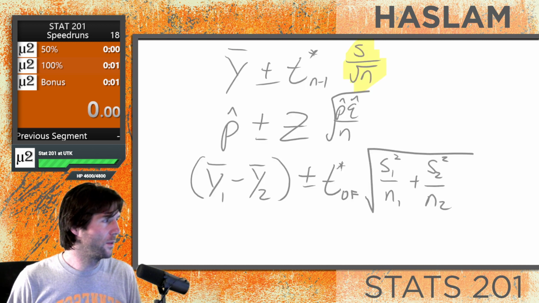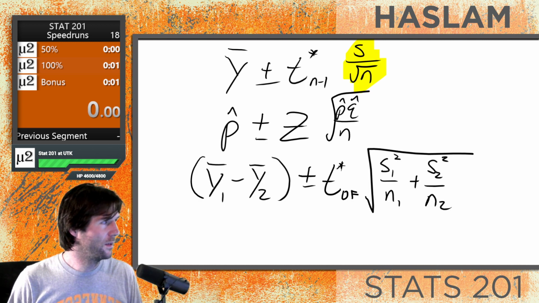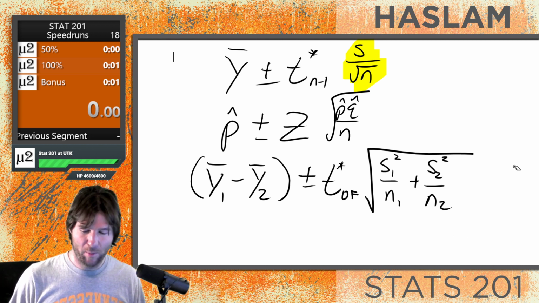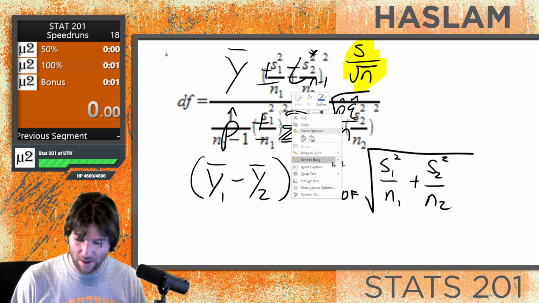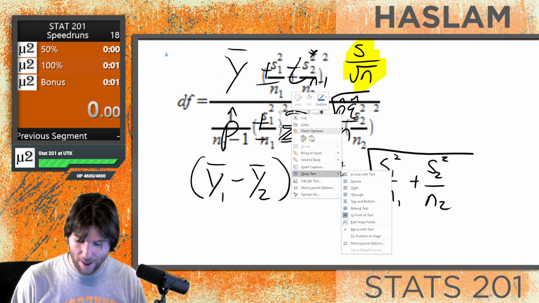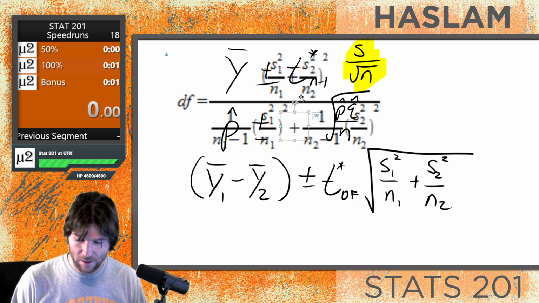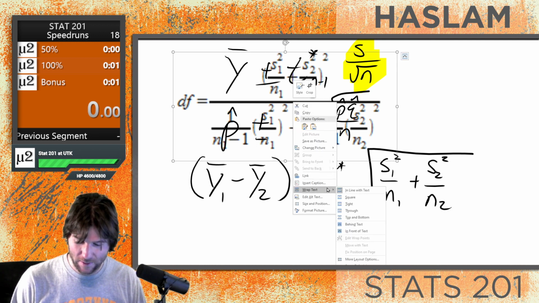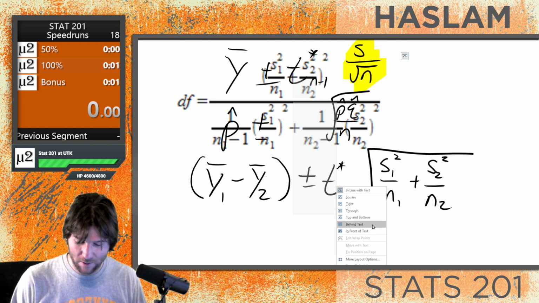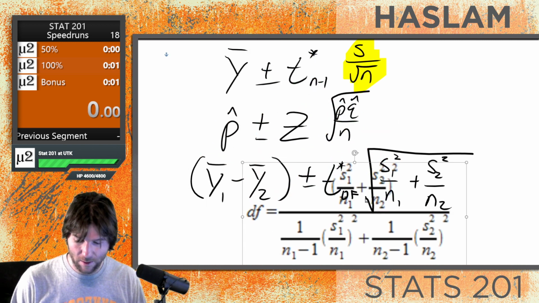The degrees of freedom formula will be here in just a moment. I memorize a lot of things, but this would probably be one of the least helpful things for what I do. We want to go to wrap text, behind text. Oh, I always forget. I wish it just said what it would do. Did I not put behind text? Yep, that does what it wants.